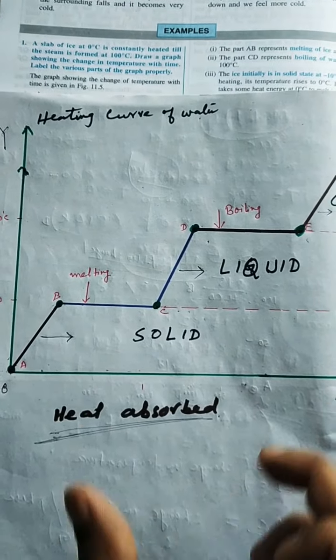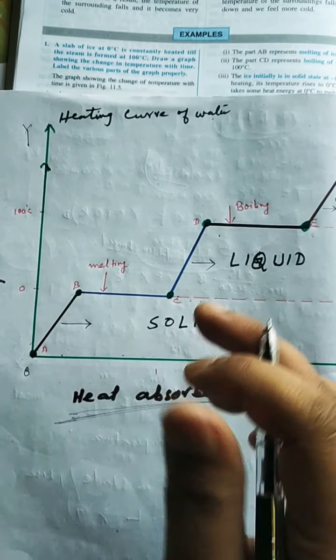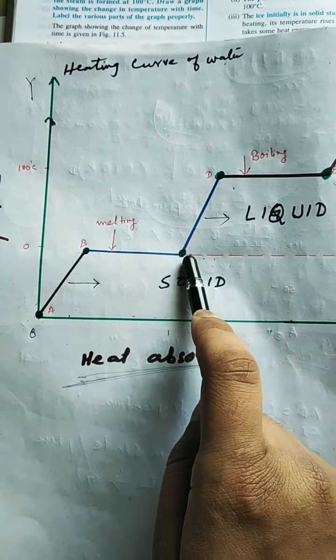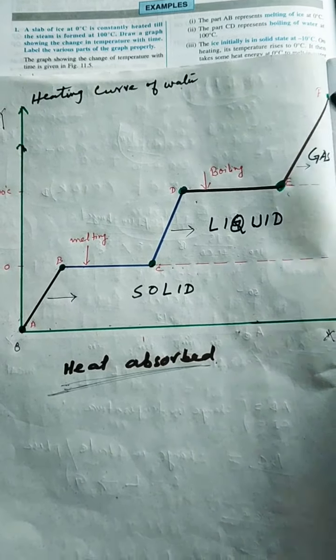Now look at this curve: AB, BC, CD, DE and EF.